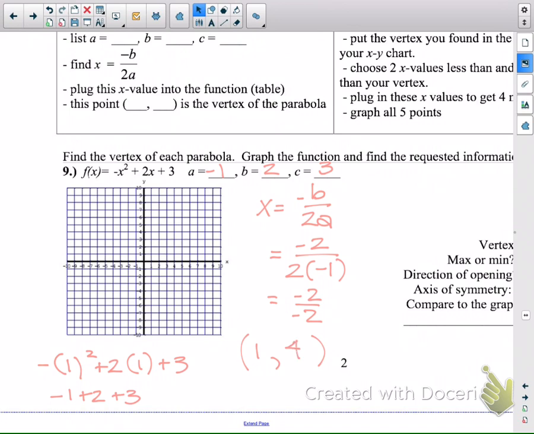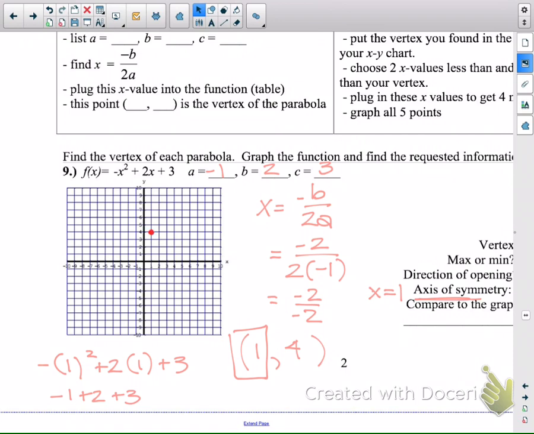What else did this negative b over 2a give me besides the x point of the vertex? Axis of symmetry right here. That's x equals 1. It always goes through the vertex. So that is how I start graphing. We know how to graph the point 1, 4, hopefully. So over 1, up 4, here's my vertex.